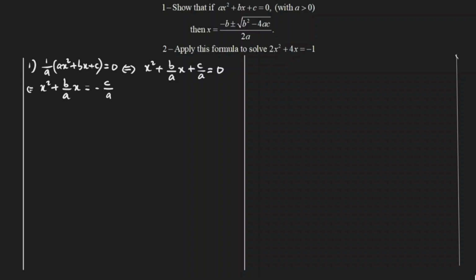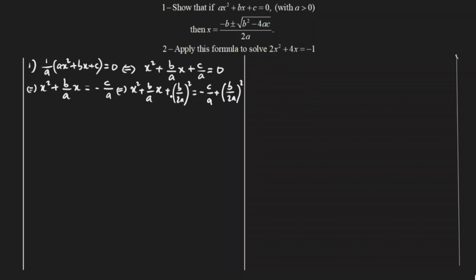So this is equivalent to x squared plus b divided by a x plus b divided by 2a all squared, equal to minus c divided by a plus b divided by 2a squared.